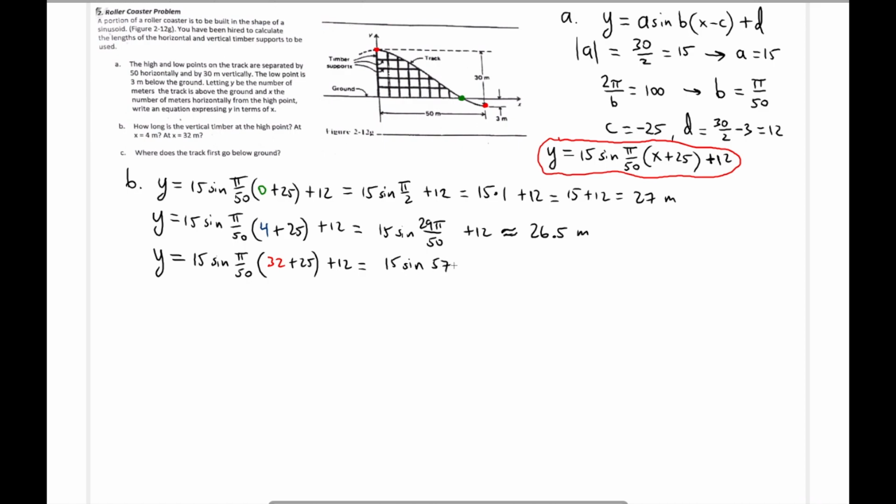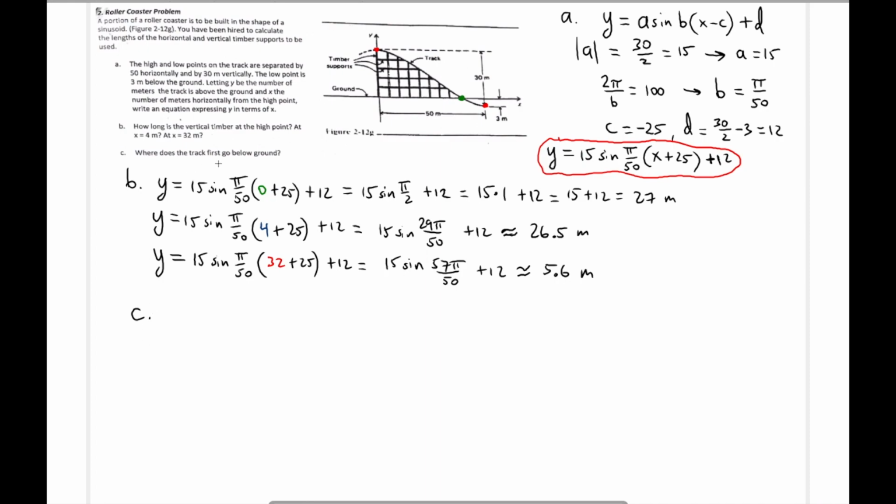So 57 pi. Notice again, we would need a calculator for this. There's no way to avoid it. All right, so if you round to the nearest tenth again, you should get the answer of 5.6 meters.